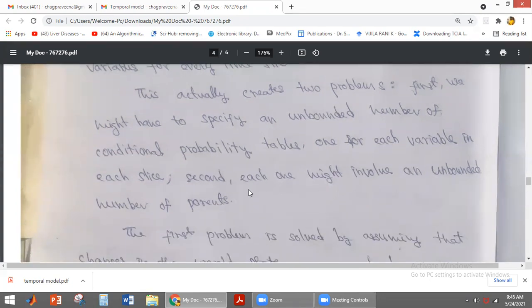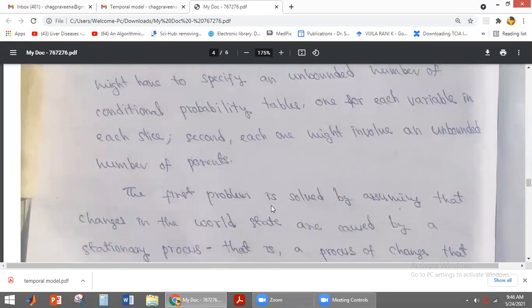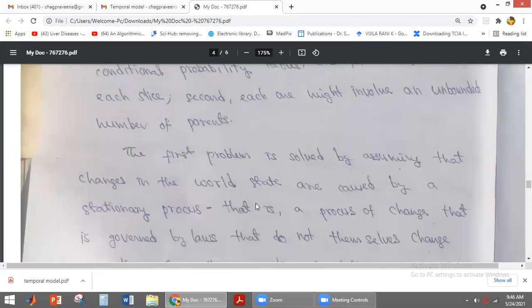The second one is that one might involve an unbounded number of parents also. Whenever we order the variables, we have to decide the parents of each variable, and since the variables are unbounded, there will be an unbounded number of parents. So how do we solve this?